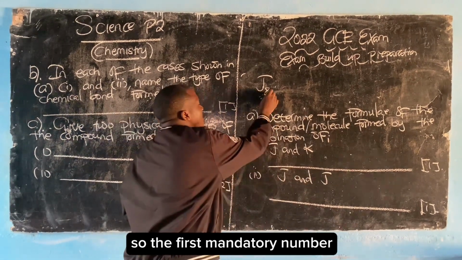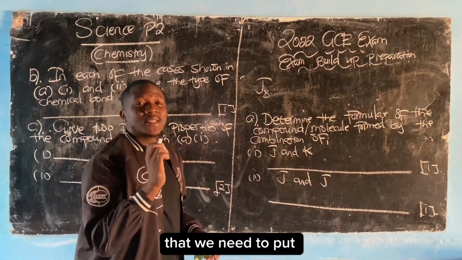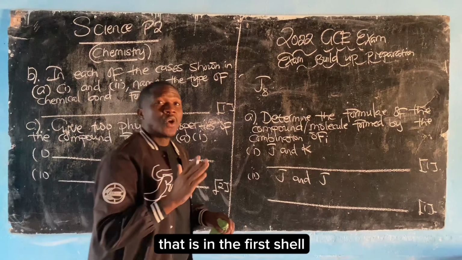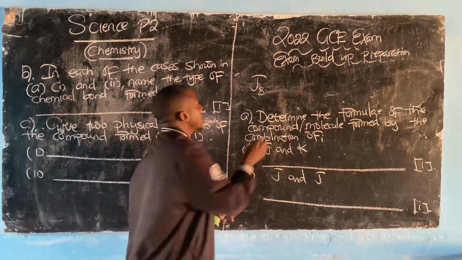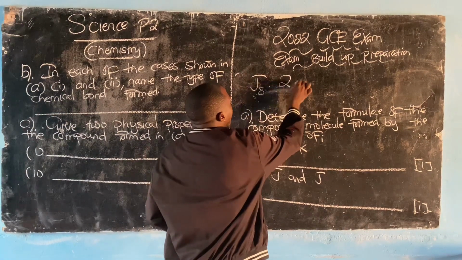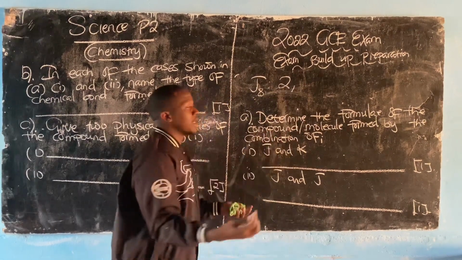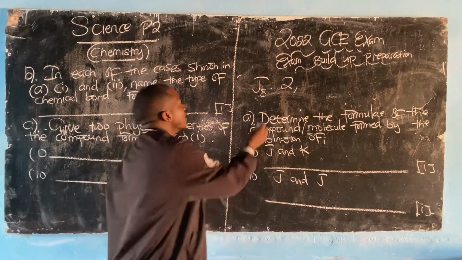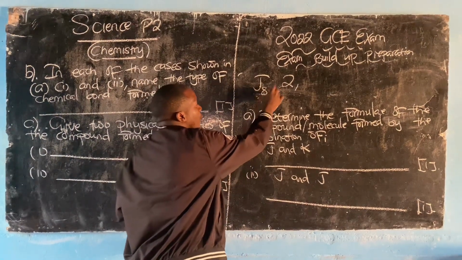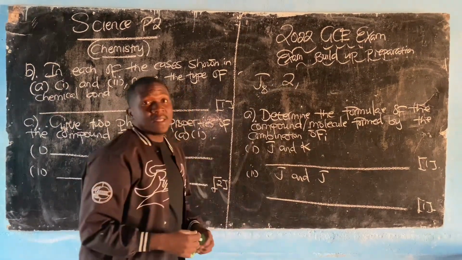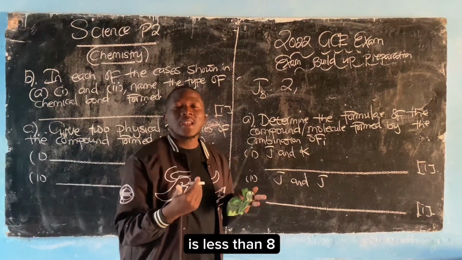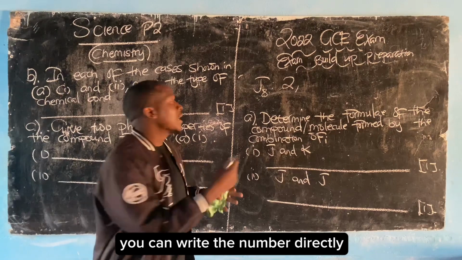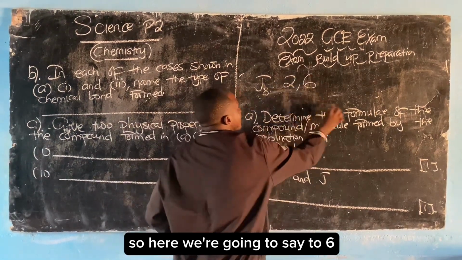The first mandatory number that we need to put in the first shell, subtracted from the existing number of electrons, is 2. So I'm going to say 2, and then a comma. We can use a comma or we can use the ratios. From 8, we've gotten a 2. The remainder is 6. As long as the number of electrons remaining is less than 8, you can write the number directly. So here we're going to say 2,6.